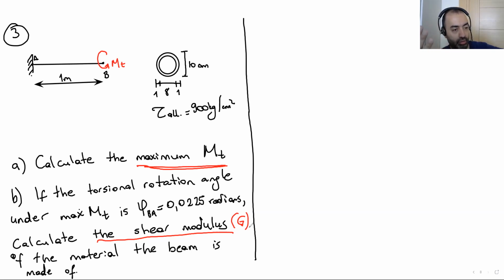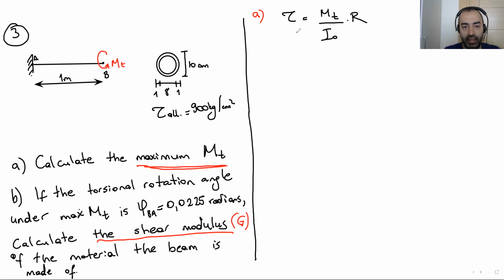We are going to use always these equations, but we need to understand how we should use them. Let's do the first one, A. Tau allowable equals Mt over I0 times R. This is the general equation.